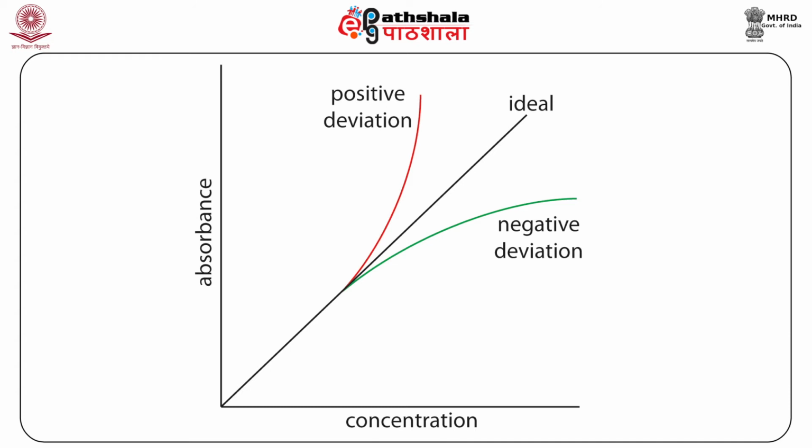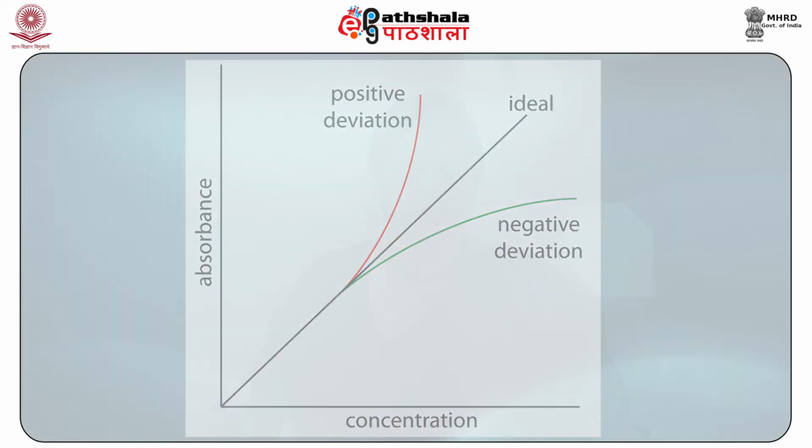These conditions can be categorized into three categories. First is real, that is, these deviations can arise because of limitations in the law itself. Next is chemical. These deviations are observed due to specific chemical species of a sample which is being analyzed. Third, deviations can arise because of instruments, deviations which occur due to how the attenuation measurements are made.